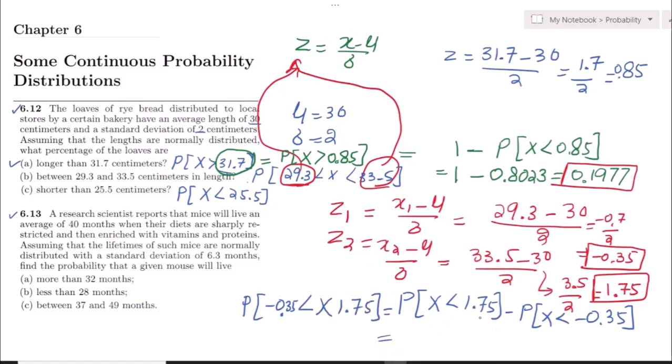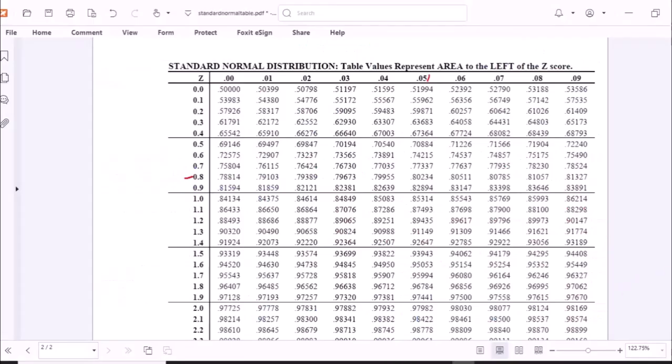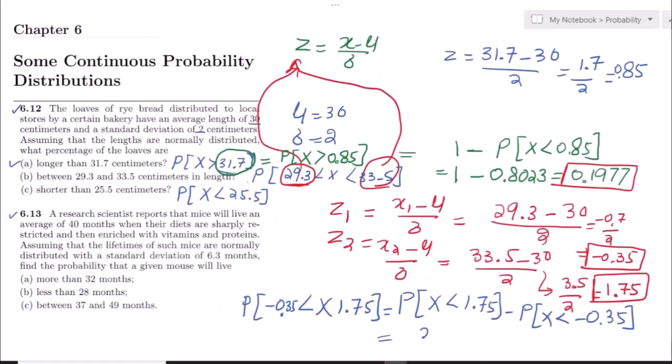So probability that x is less than 1.75, so this is here 1.75, this is the 1.7, and the fifth column is here. So 0.9599, minus probability that x is less than minus 0.35.